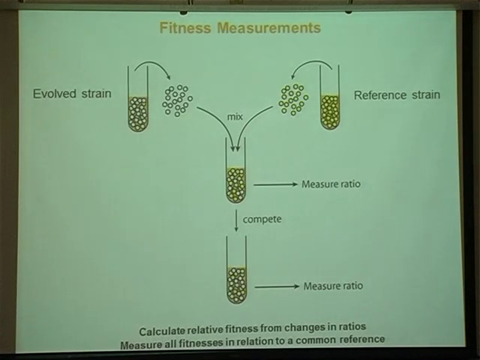Okay? This would fail if there were non-transitive fitness effects, where A is fitter than B, B is fitter than C, and C is fitter than A, things like that. And so to check for those, you can have a bunch of different reference strains. It also becomes more complicated if there are frequency-dependent interactions. These things, as it turns out, seem to be relatively rare.